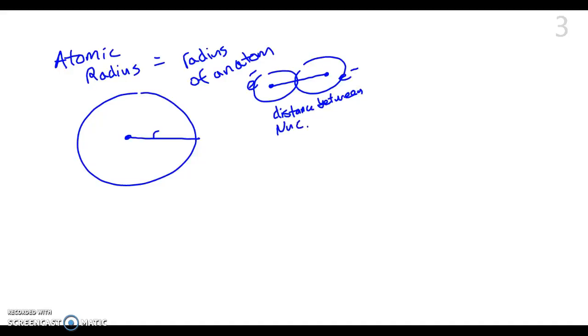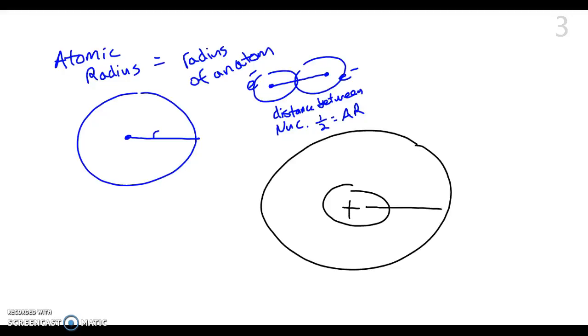That gives us a diameter. One half of that is equal to the atomic radius. It doesn't really matter. We know that the atomic radius is the radius of an atom. So if you have a positive center and a distance, you have a radius.